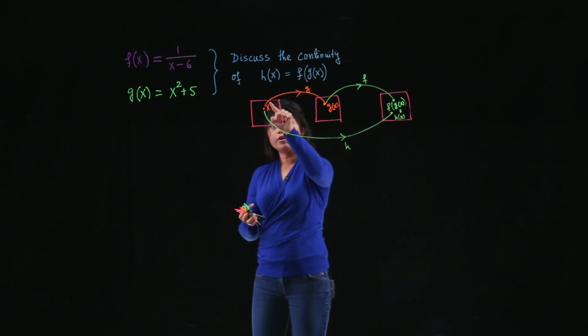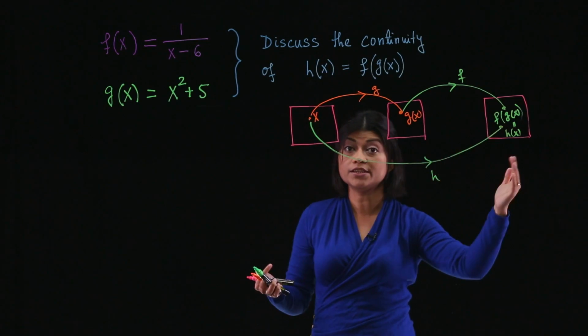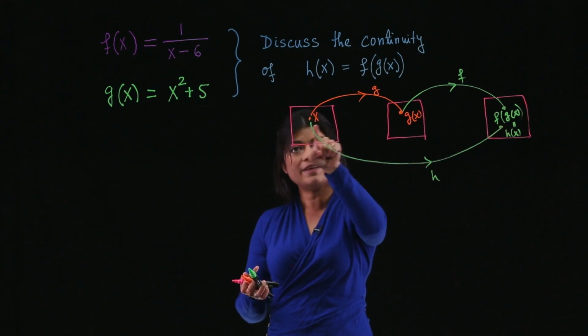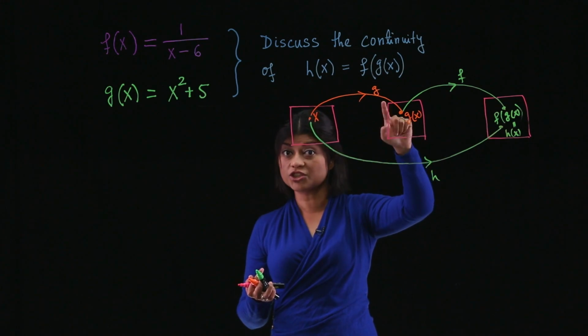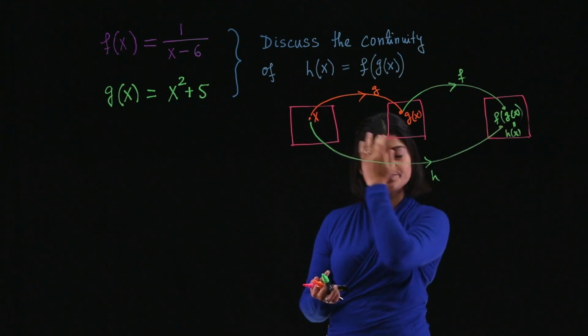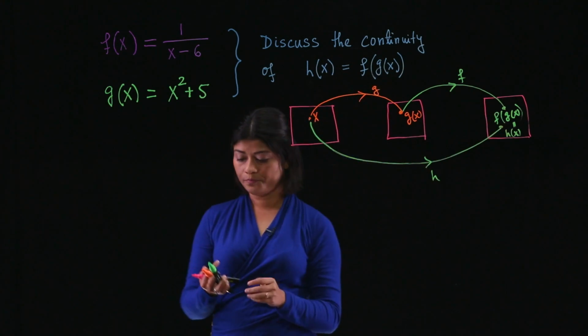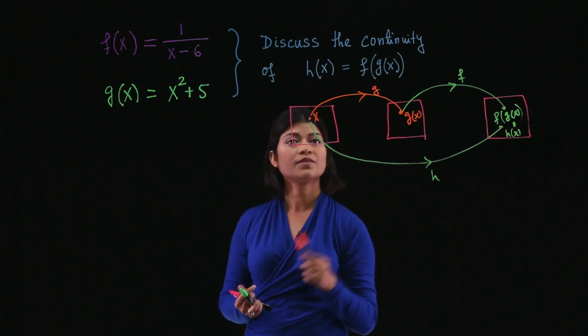Now we want to discuss the continuity of h. That means we want to find all those values here so that h is continuous. Notice that the values here in the domain are actually the domain for the function g, not for the function f. So be careful. Let's write down what we know about continuity.